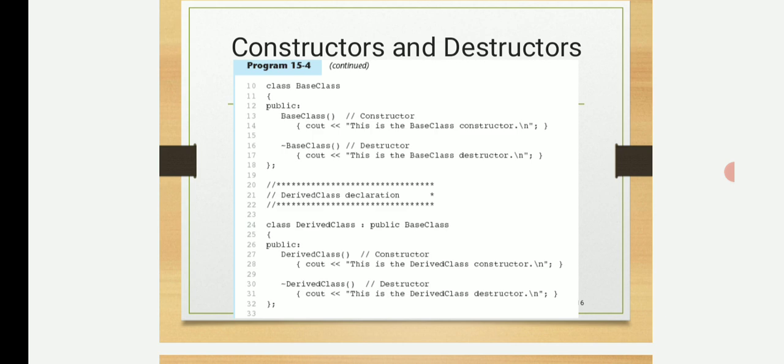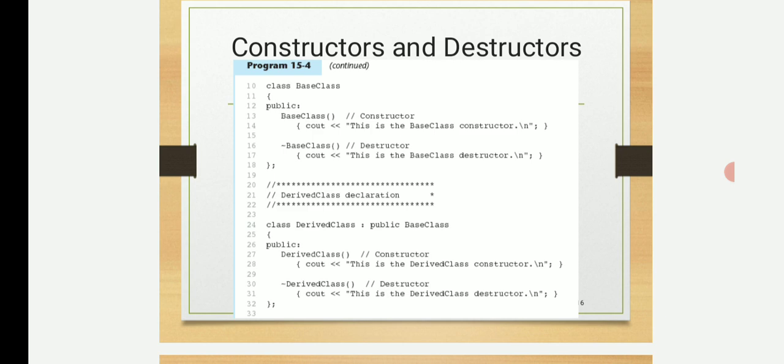When you are creating an object for this class, automatically this BaseClass will be called. One more function I have created, BaseClass, but before it I am using the tilde symbol, so automatically it comes under destructor. It will be called when the object's scope is over, the destructor function will be called automatically. So whatever you need, you can insert within this constructor and destructor.